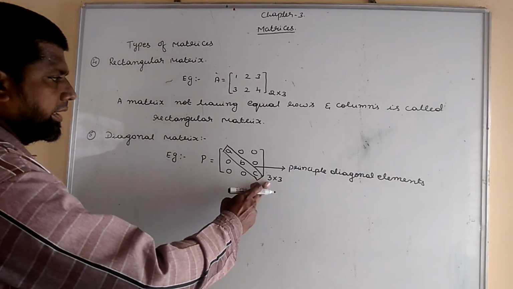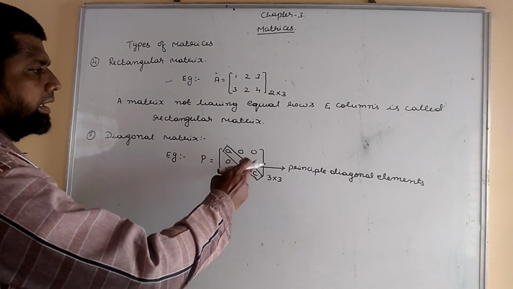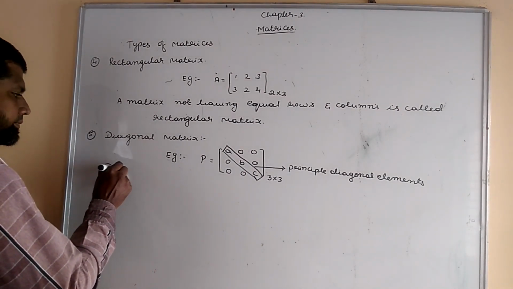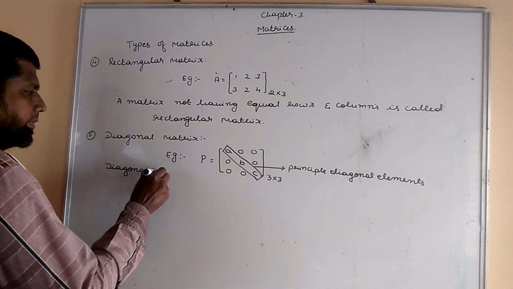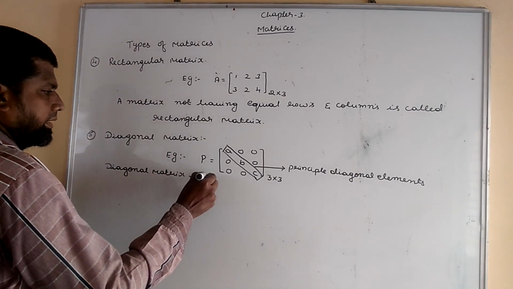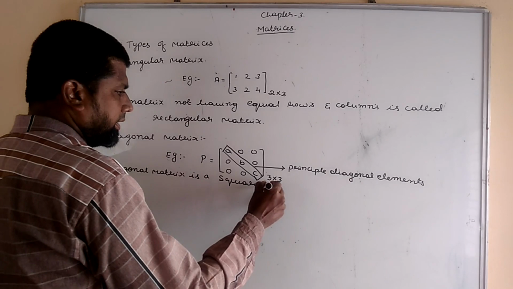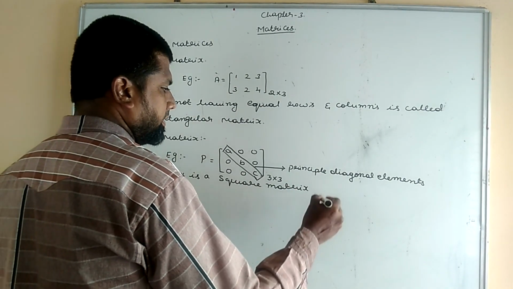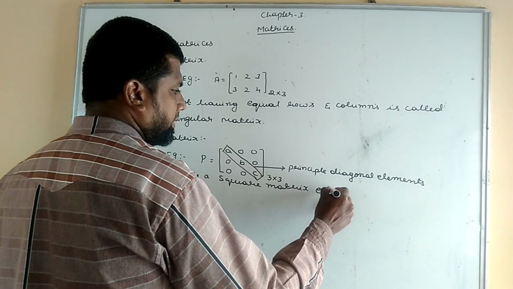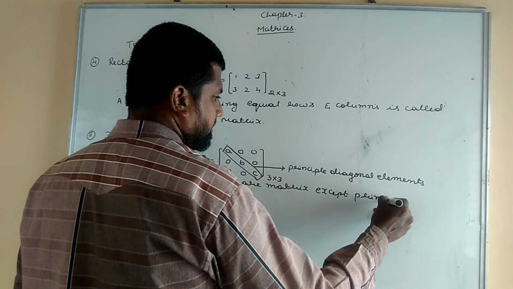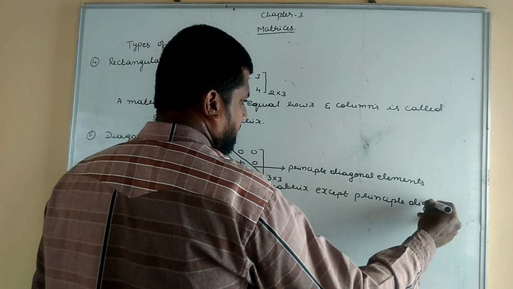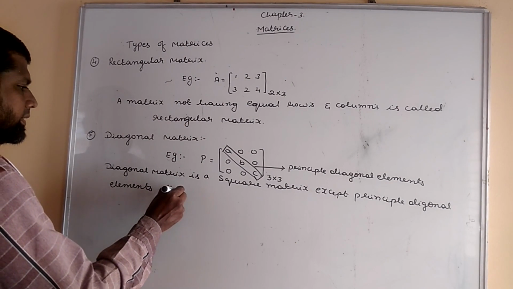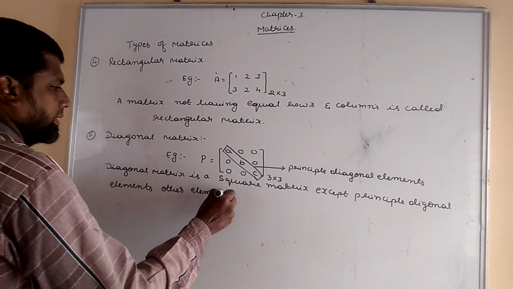A diagonal matrix is a square matrix in which, except for the principal diagonal elements, other elements are 0.